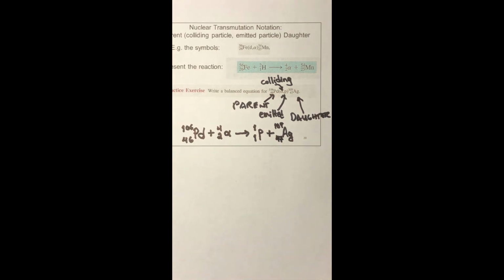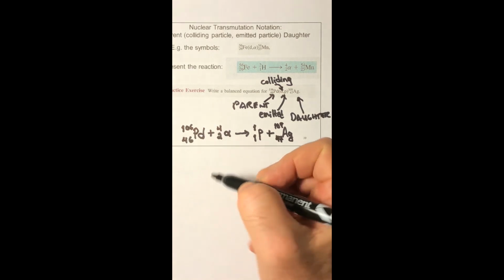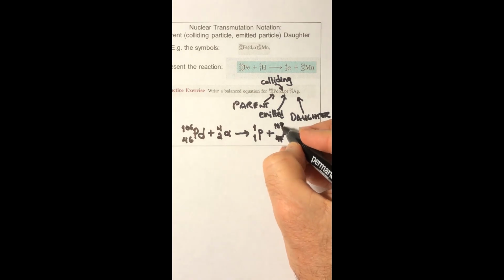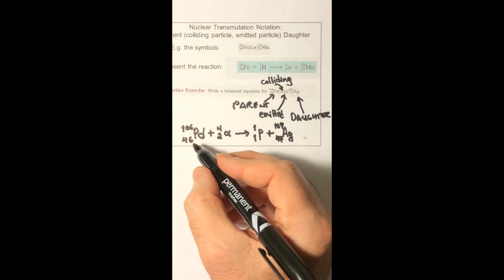Okay, before we close it off, let's make sure this is balanced. So across the top, on the left, we have 106 plus 4. That's 110. And over here, we have 109 plus 1. That's 110. So that's balanced for the mass numbers. And then on the bottom, 46 plus 2 is 48.